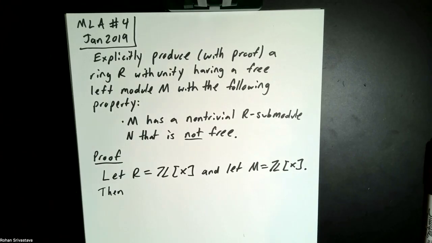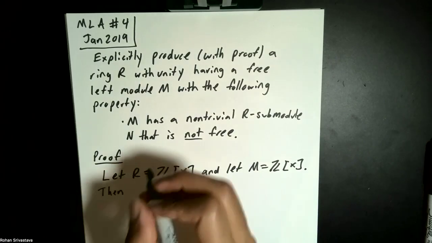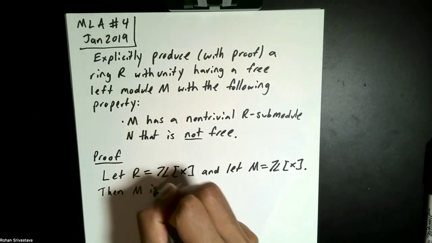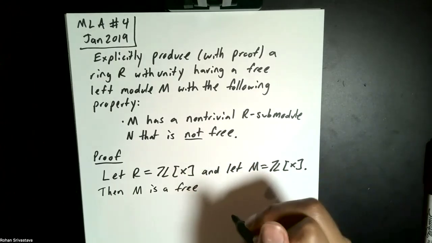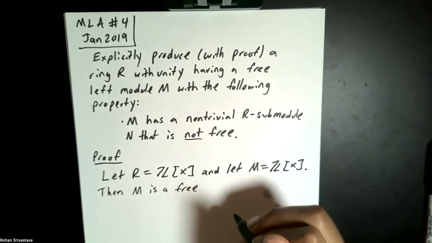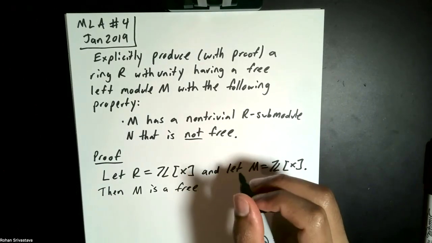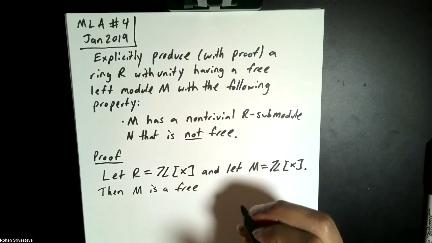A ring R with unity will always be a free R module, because what's the basis? Well, it's the identity element, the multiplicative identity.